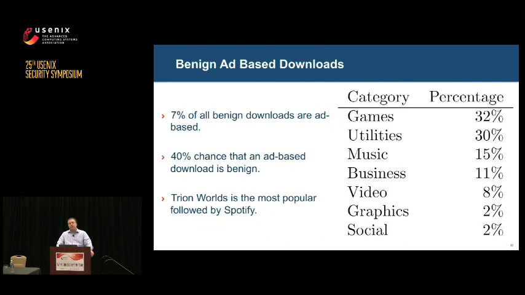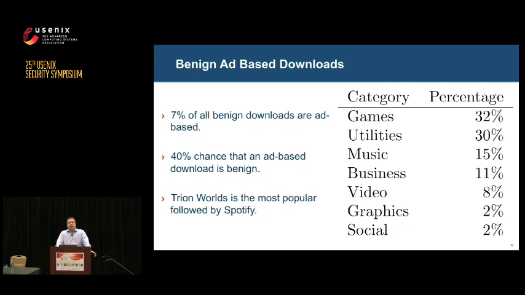So you may think, well, if so many of these social engineering downloads are ads, why don't we just block any download that is the result of an ad chain? Well, the problem is that a significant percentage of the benign downloads are also ad-based. We found that 7% of all benign downloads we observed were the result of an advertisement.